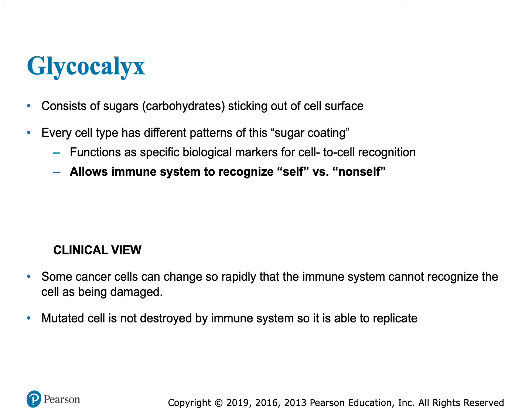I don't see your glycocalyx. You do not belong to this person. I'm going to kill you. Now, does it matter? Because he's going to die anyway, right? He's got the flu virus in him. He's going to die. Yes, because what that does is it hopefully buys you some time to get better before the flu virus takes over your whole body.